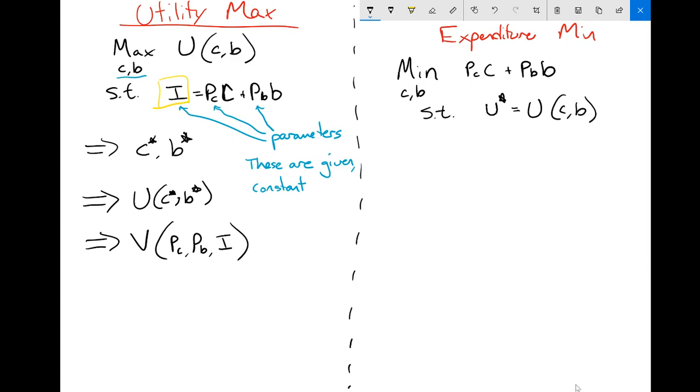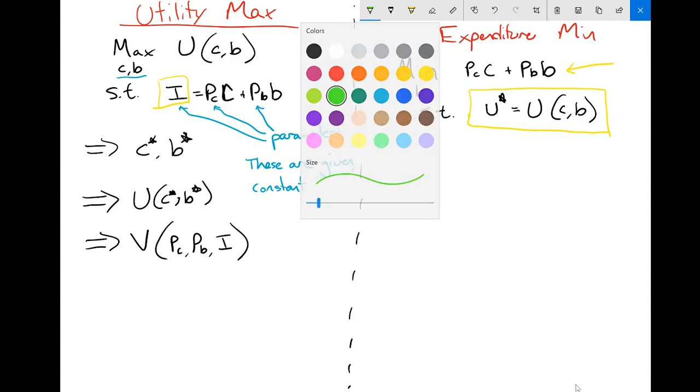So you can see that in this case, expenditure minimization takes utility as the constraint, and then people choose C and B to minimize their expenditures. So they're kind of flipped. Let me just illustrate that.